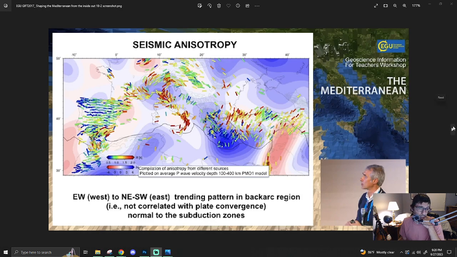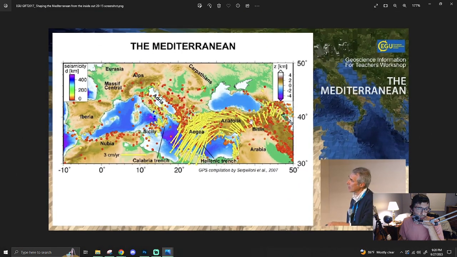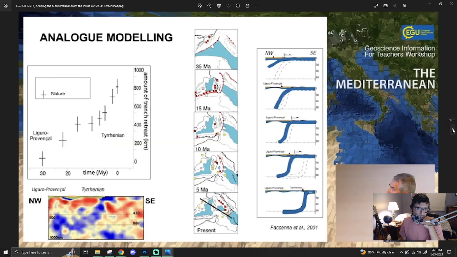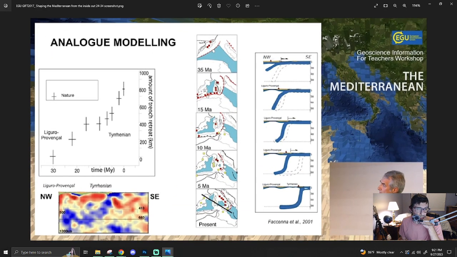Seismic data. Now we see that again. Not sure what those dots are. There's the spreading.